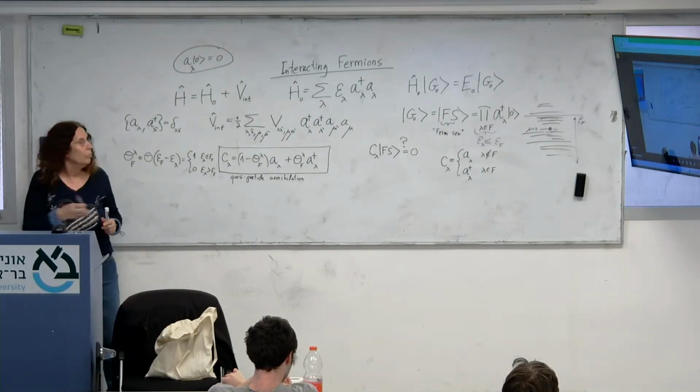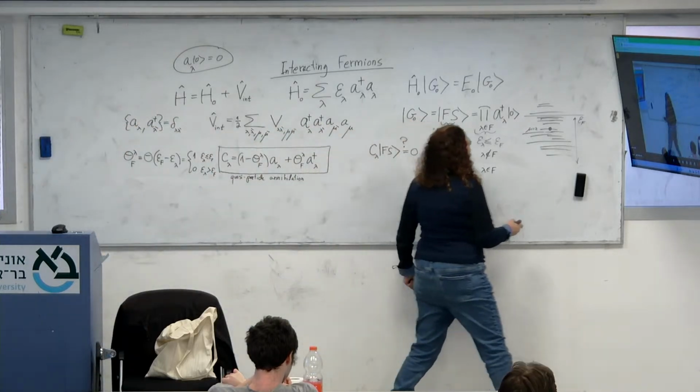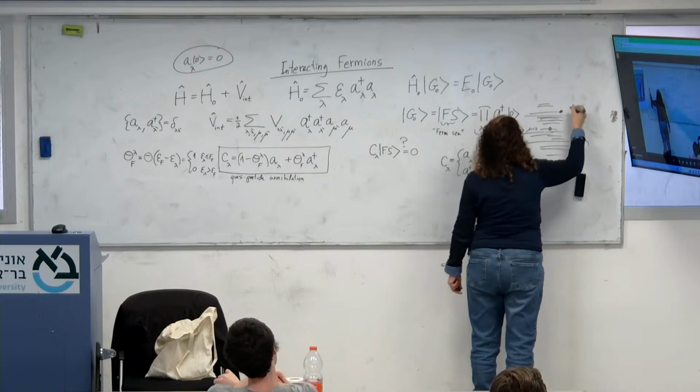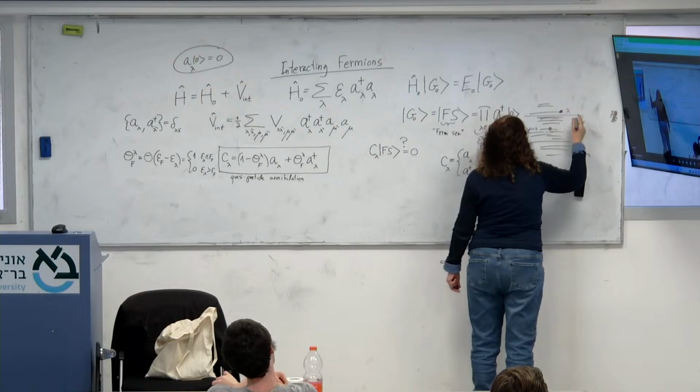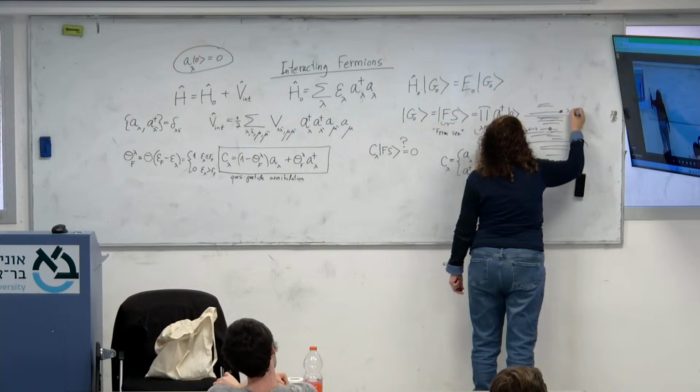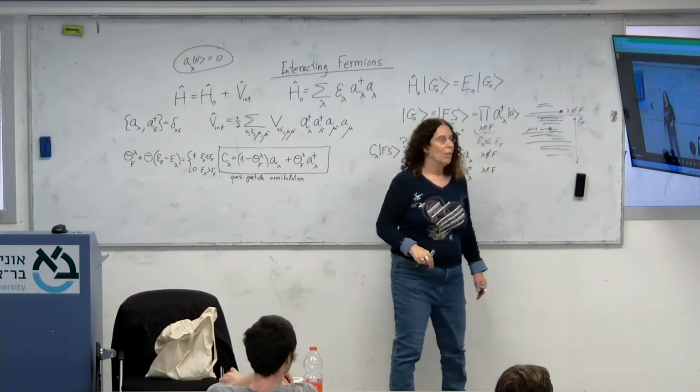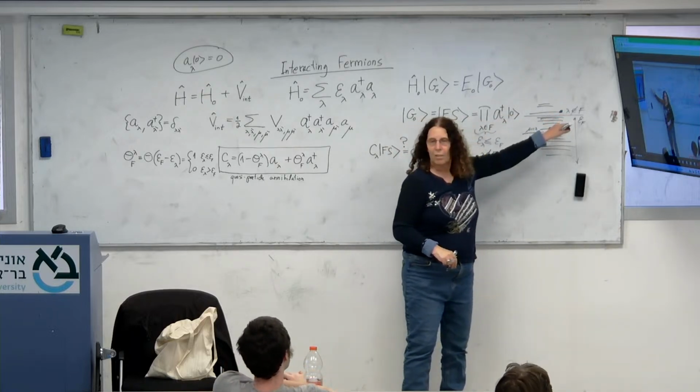Okay? So it can be either this or this, or lambda outside of the Fermi sea. Can be either this or this, okay?